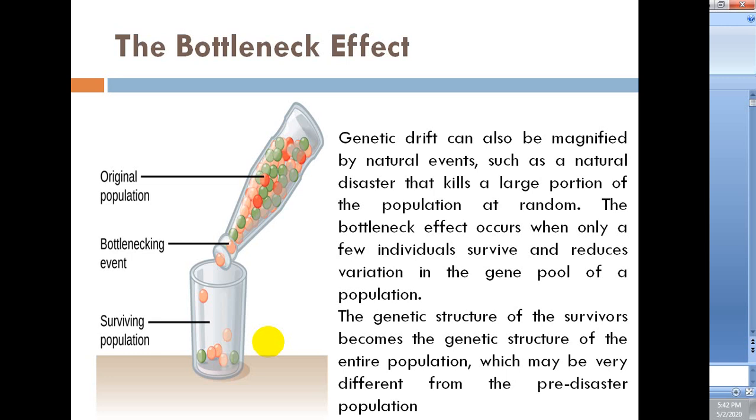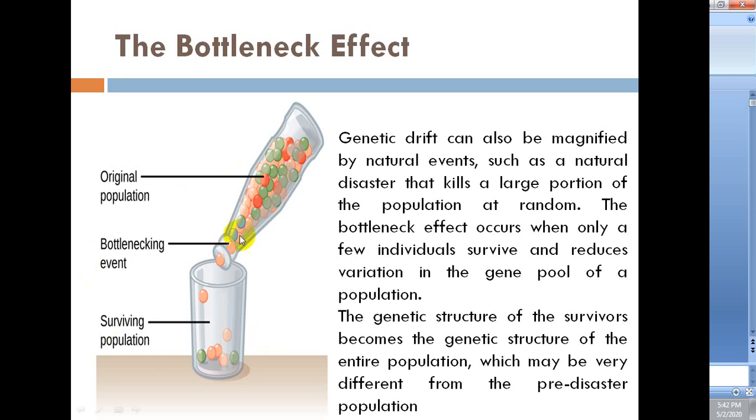This genetic drift can also be magnified by a natural event, such as a natural disaster that kills a large portion of the population at random. The bottleneck effect occurs when only few individuals survive and it reduces variation in the gene pool.